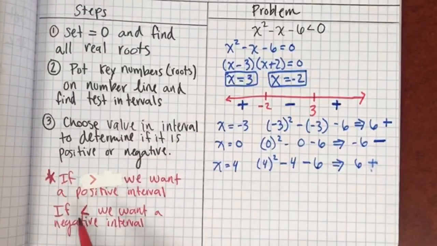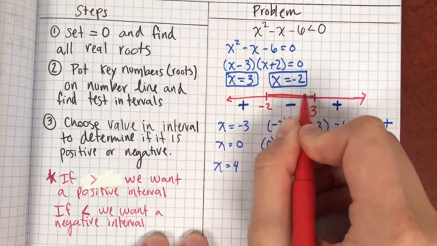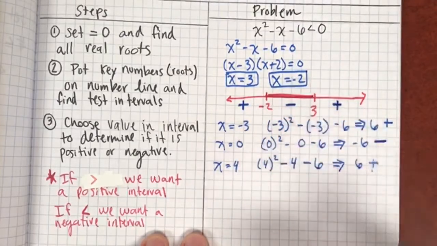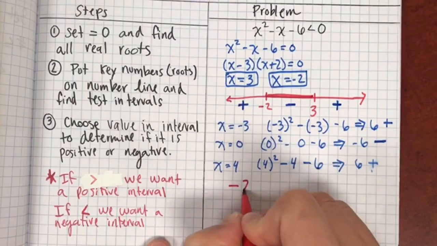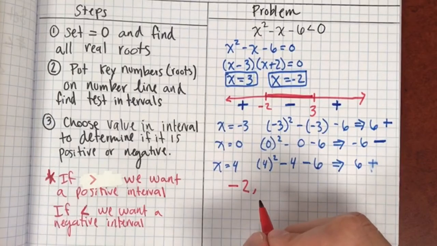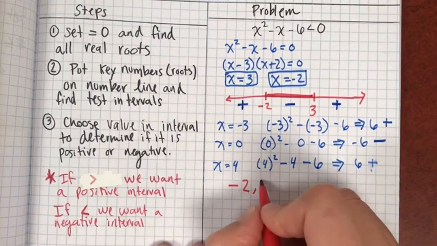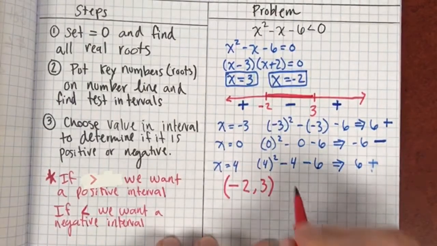So now it says if it is greater than, we want positive intervals. If it's less than, we want negative intervals. So we want to find the negative interval. Well, that's right here between -2 and 3. All right, so our answer in interval notation, we can write it -2 to 3 using those parentheses.